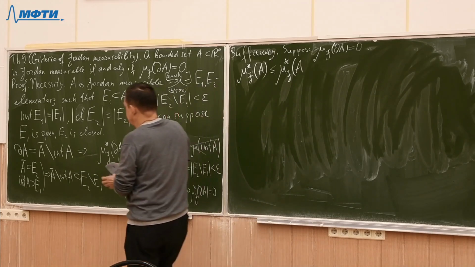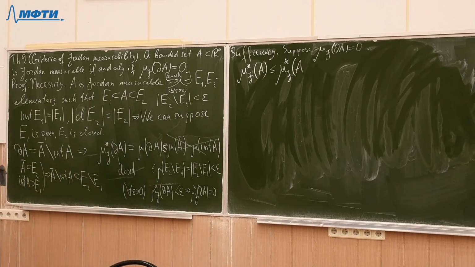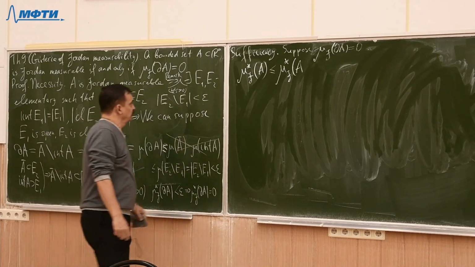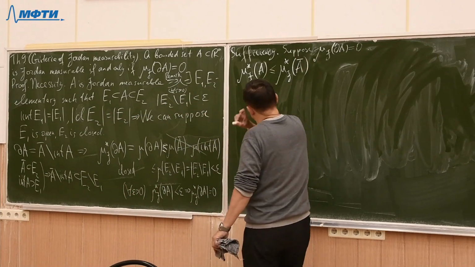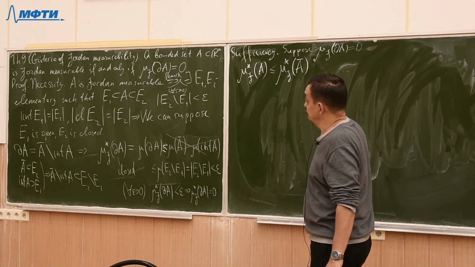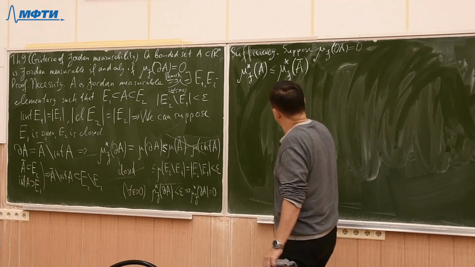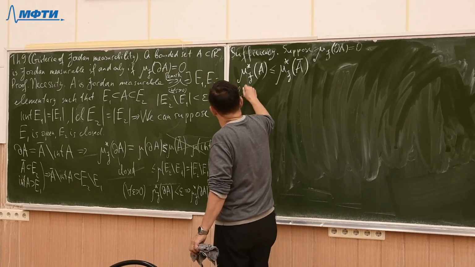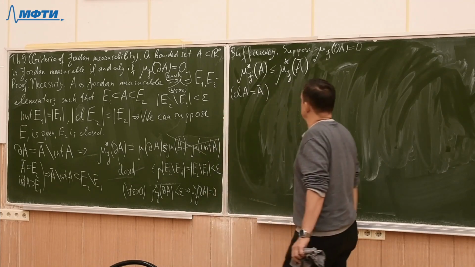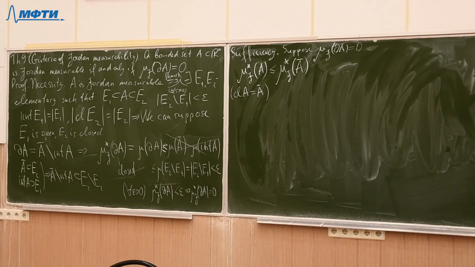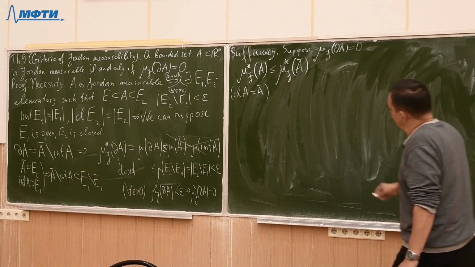A bar is the closure. So there are two notations. Let me recall, closure is also denoted like that. That is what I use here. Okay, this is closed.